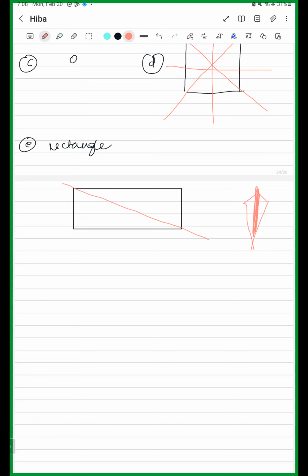Is it still breaking? Yeah. Can you try changing your position maybe? It's clear now.